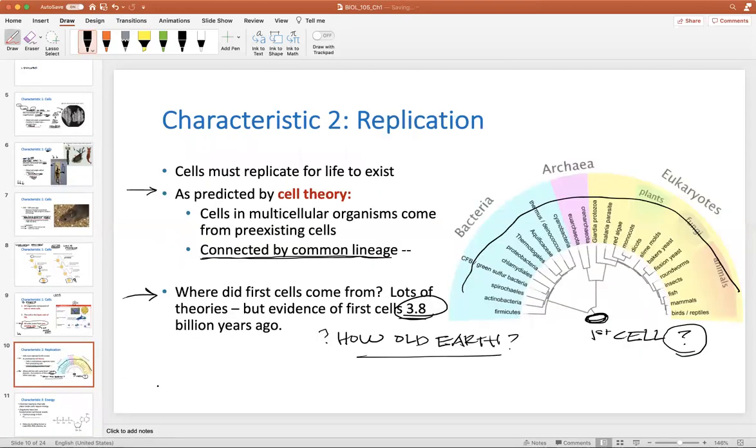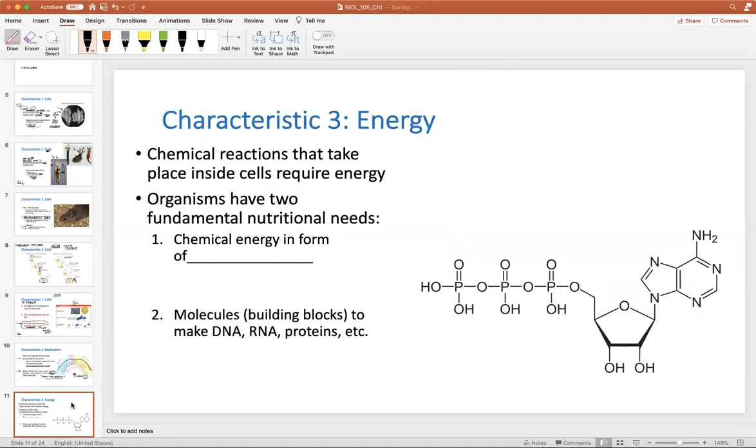So that is cells. Now, in order for these cells to exist, they're going to require energy, right? Cells, as the basic unit of life, are undergoing all of these chemical reactions that allow the organism to live and have metabolism and do the things that it does, right? So all of the chemical reactions that take place inside a cell require energy.